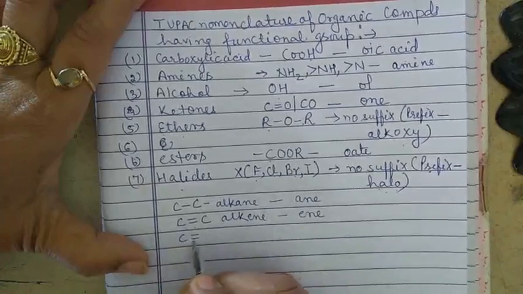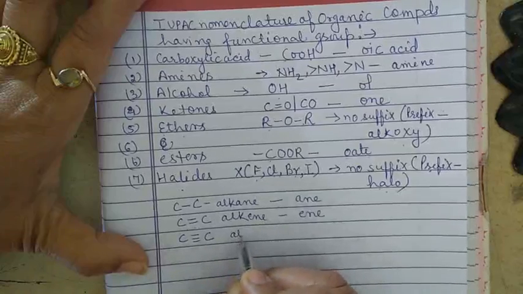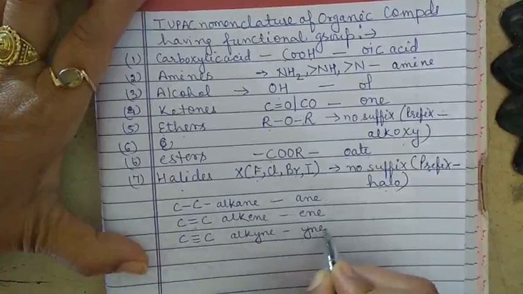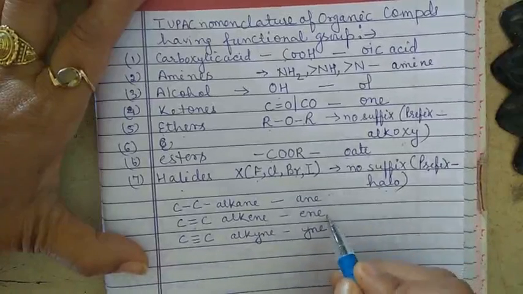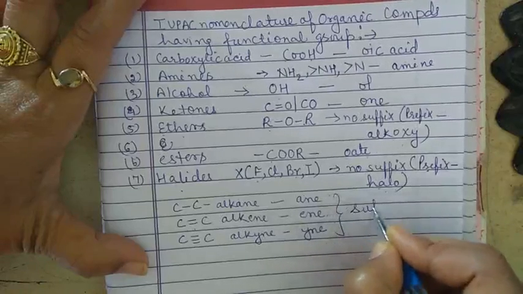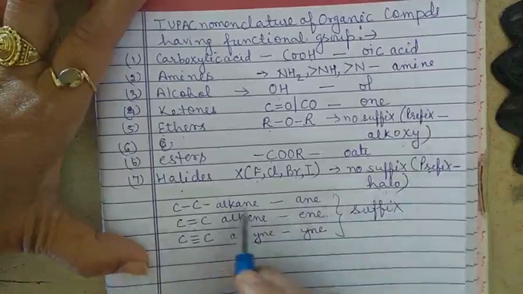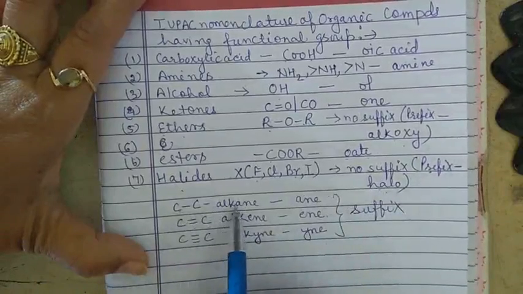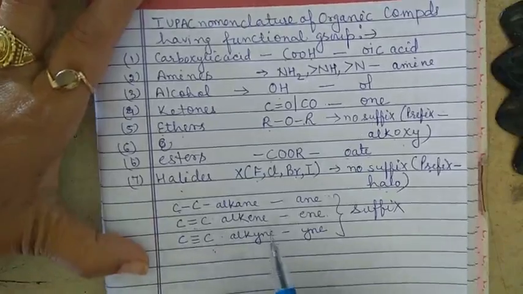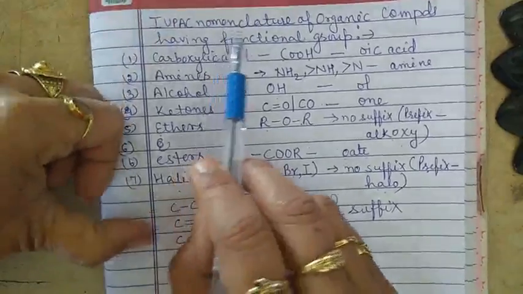When a carbon triple bond is present, it is called an alkyne, and for that the suffix is yne. These are the suffixes used for the saturated hydrocarbon, and the other two are the unsaturated hydrocarbons.